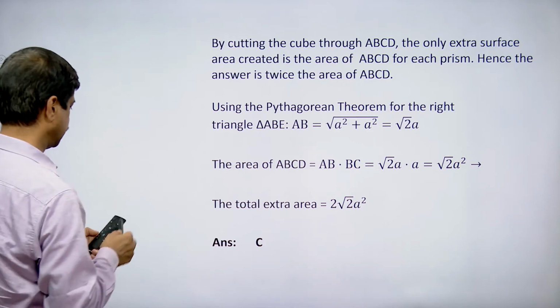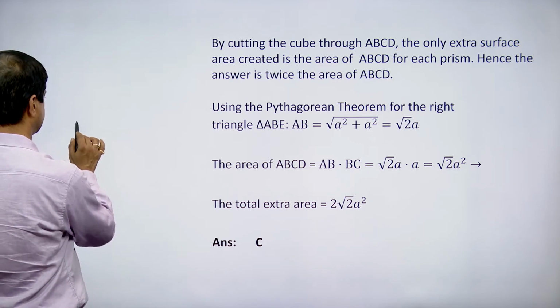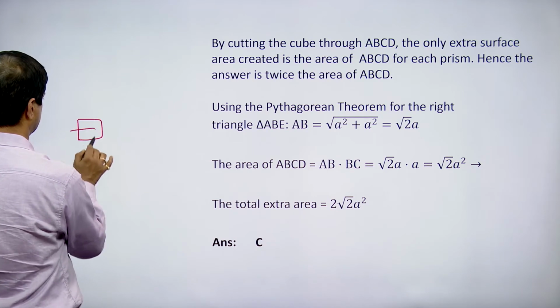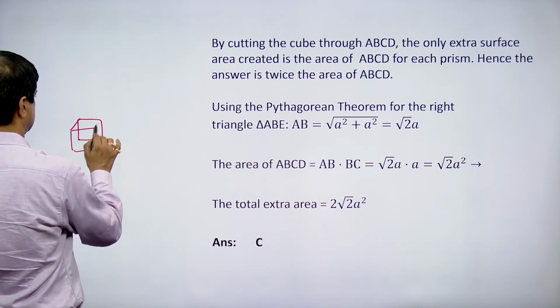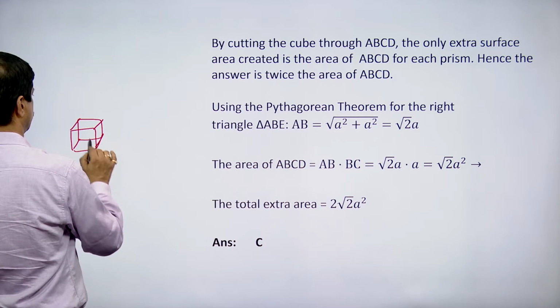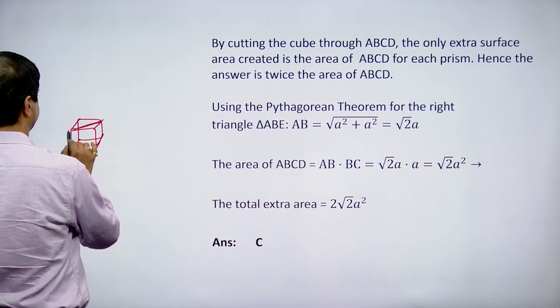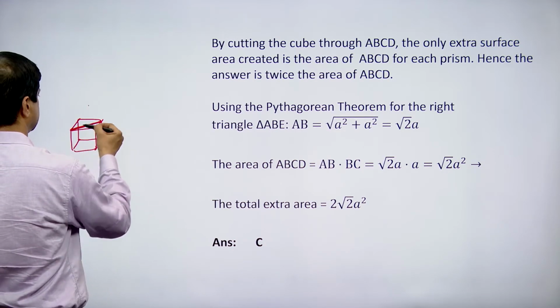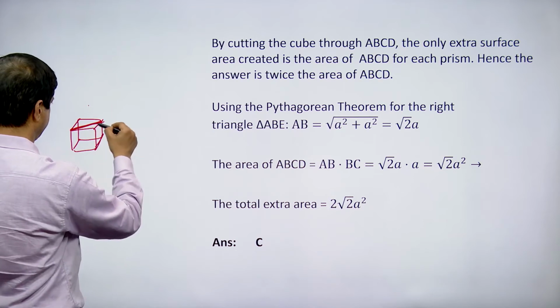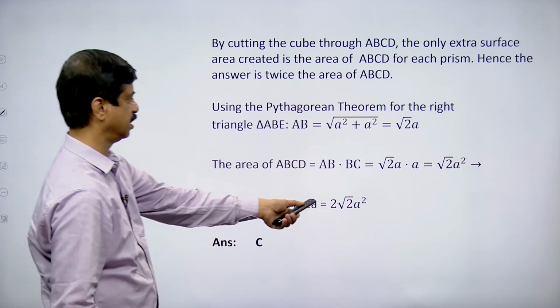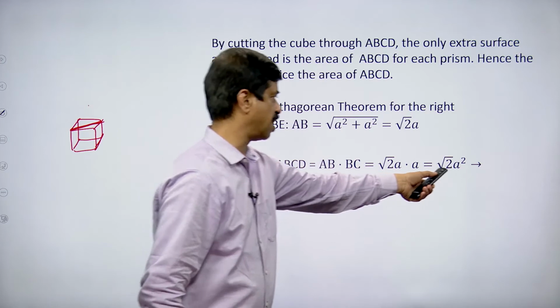See, when you cut it, you will get two surfaces, isn't it? This is the cube. So when you cut it like this, you will get one surface here for the other piece, and another surface is the same for this piece. So that is why we are getting 2 into this one piece area.